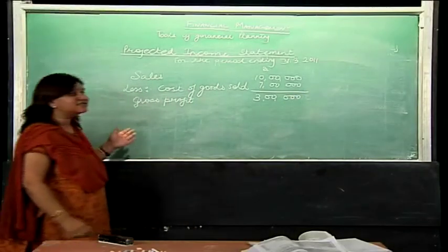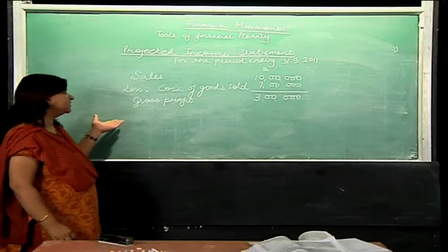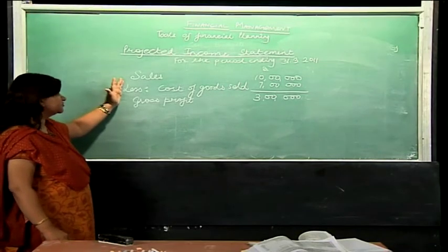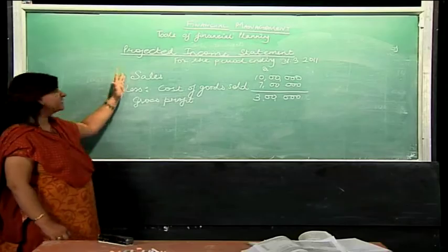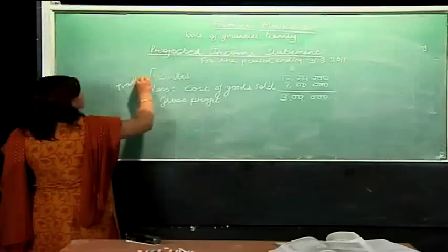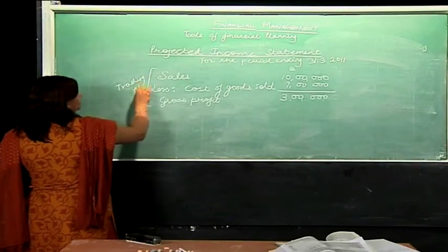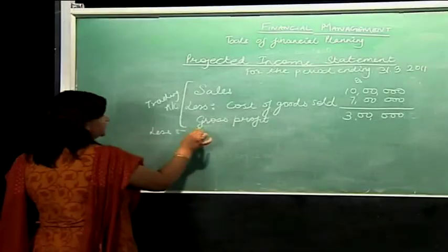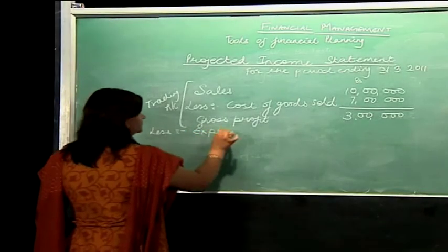Now, we have to ascertain the expenses to be deducted from the gross profit. So, up to sales, cost of goods sold and GP, it shall be considered as the part of trading account. Now, we will subtract expenses, less expenditure.